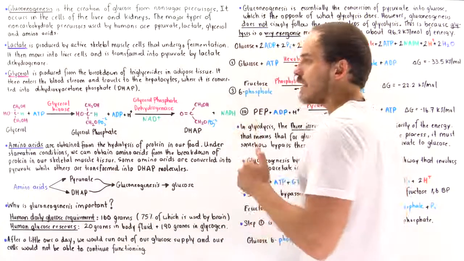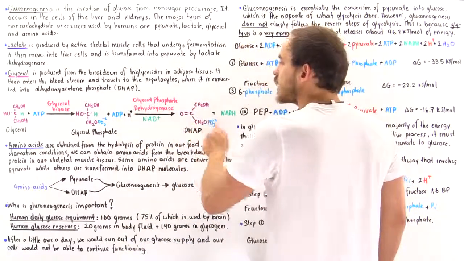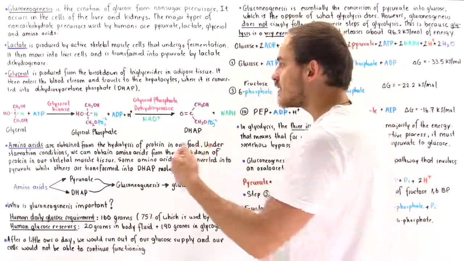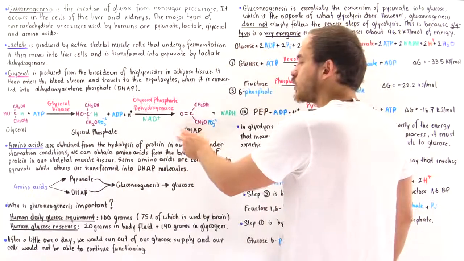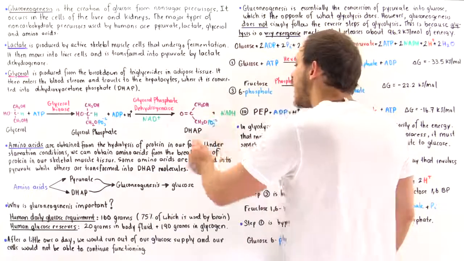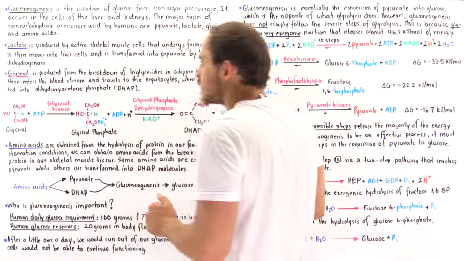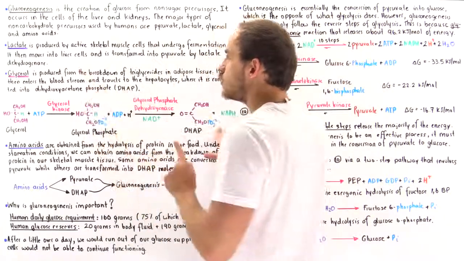And in the second step, that is catalyzed by glycerol phosphate dehydrogenase, we basically use an NAD+ molecule to oxidize the glycerol phosphate into DHAP, so dihydroxyacetone phosphate. And it's this molecule that enters the process of gluconeogenesis and begins the conversion of this molecule into glucose.